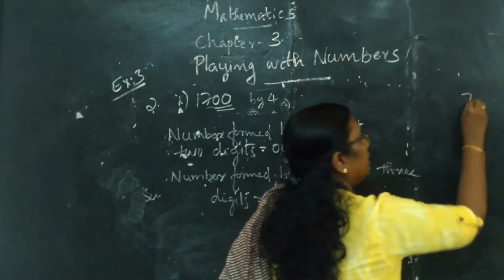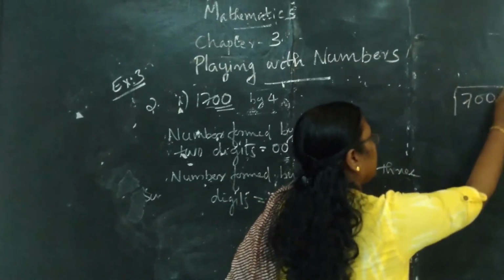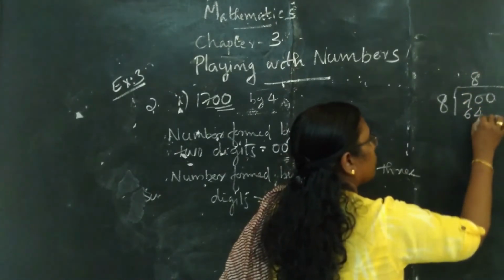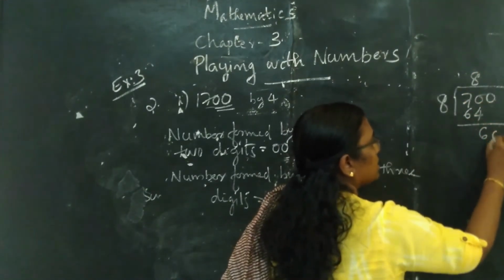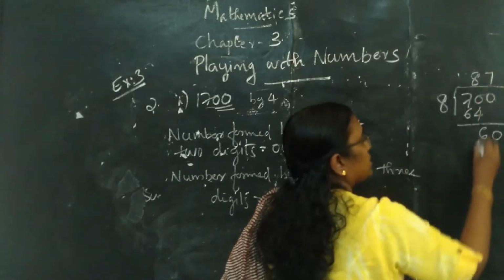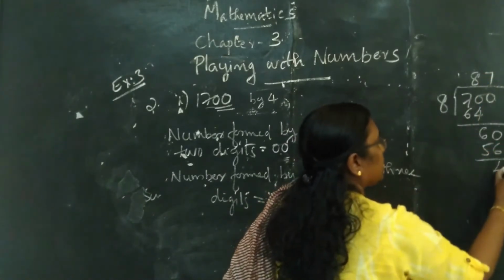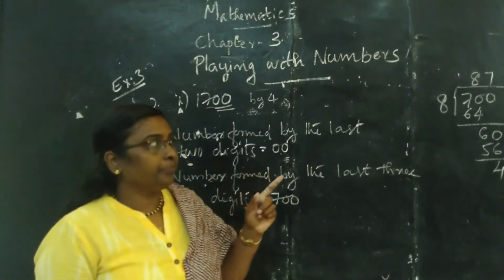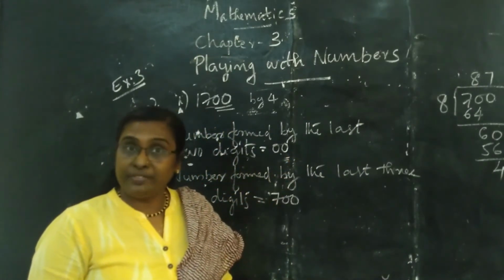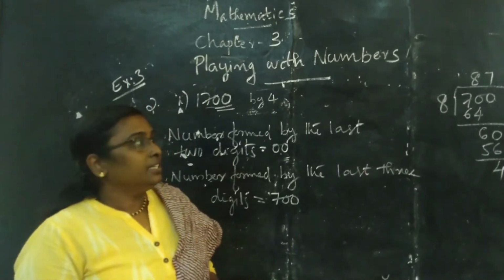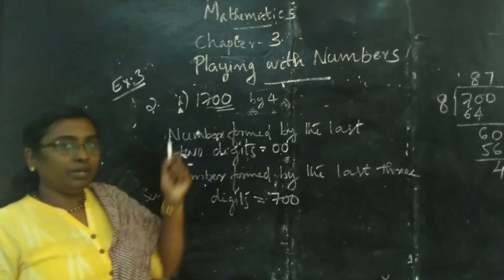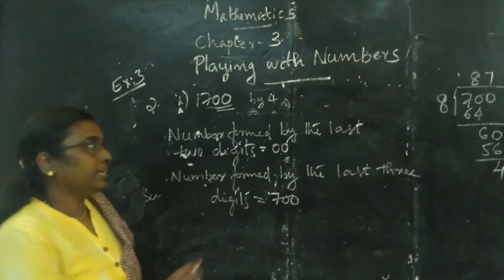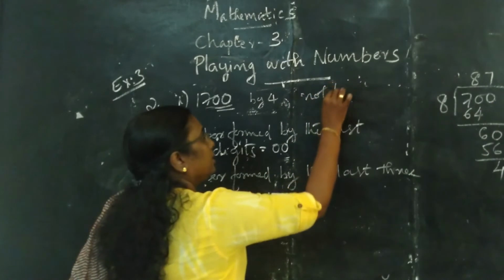We divide 700 by 8. 8 times 8 is 64, the remainder is 6, bring down 0, 60. 7 times 8 is 56, the remainder is 4. Since there is a remainder, 700 is not divisible by 8. Since 700 is not divisible by 8, the given number is not divisible by 8.